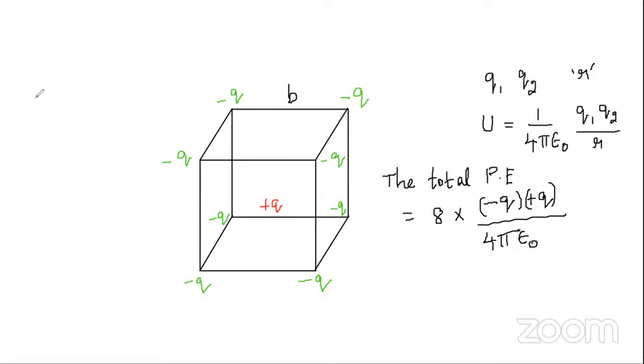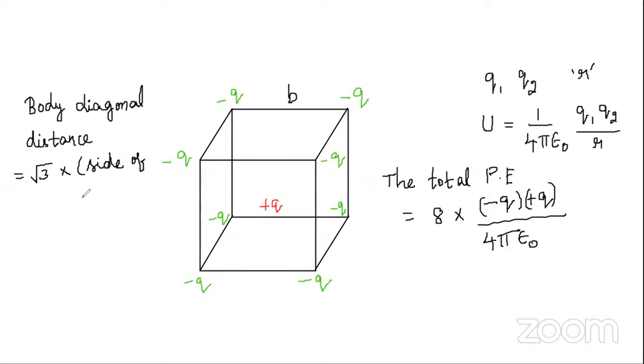So the body diagonal distance in a cube is given by root of 3 into side of the cube. Here the body diagonal is root 3b, but the charge is located at the center.